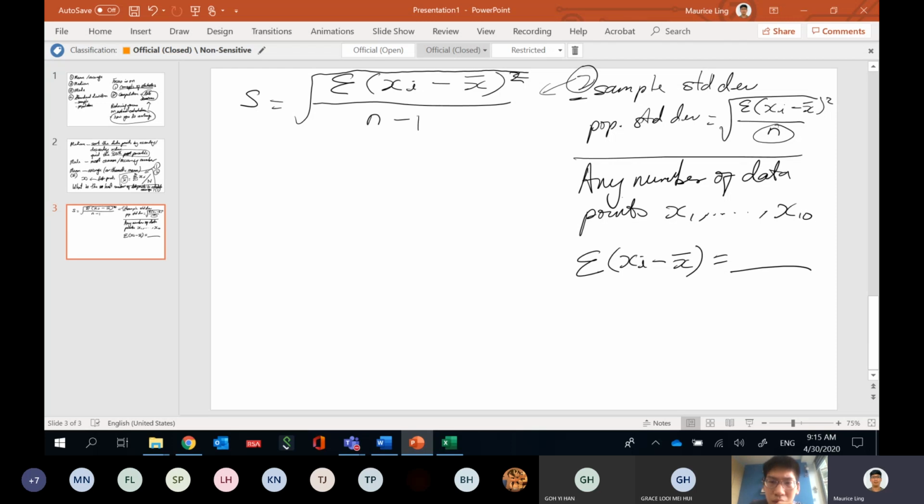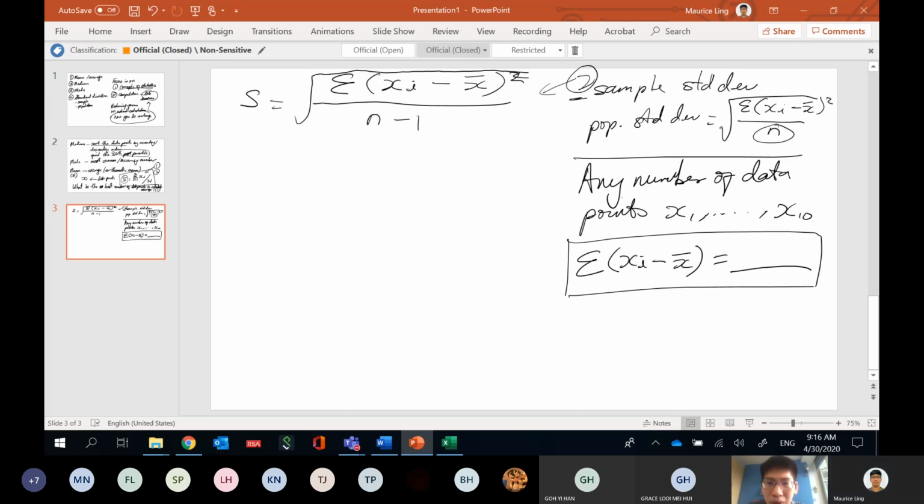If you can answer this question, then you know what average is talking about. What is really average? For any data points, there is only one answer for this equation. Anybody would like to try?